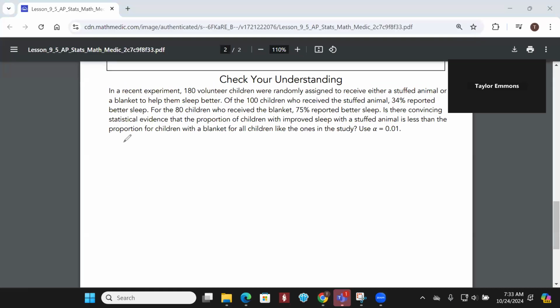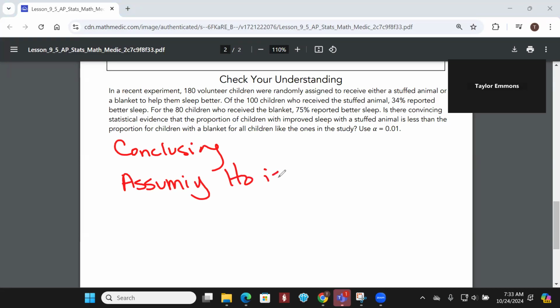Okay, in conclusion, we're going to assume the null hypothesis is true, which is p1 minus p2 equals 0.